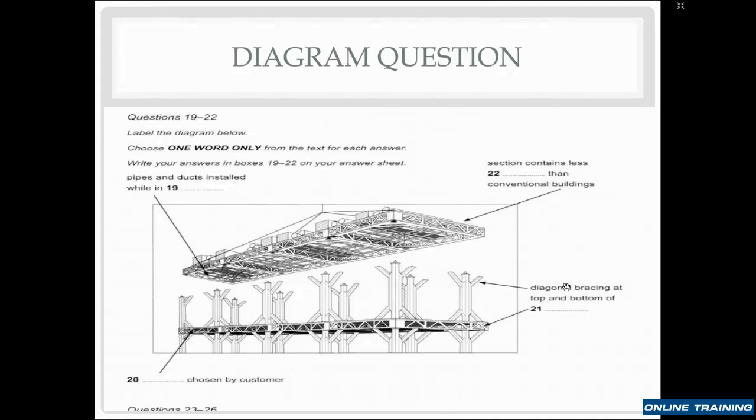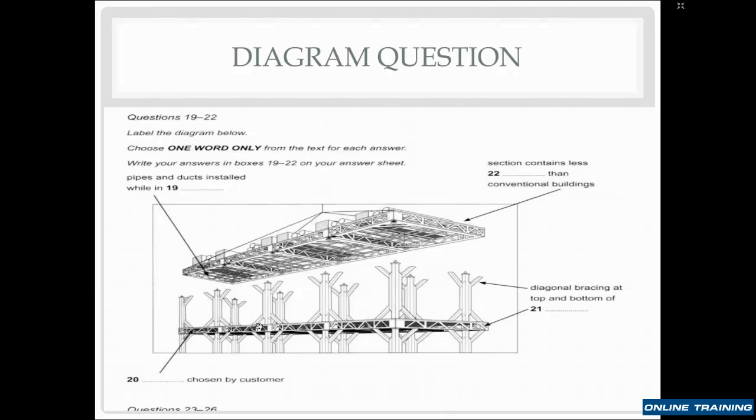Now, some of you might say, "Well, I have no idea what this diagram is. I don't have any construction background." So what? It doesn't matter if you have construction background or not. That's not what it's about. Can you go to a reading passage and find a sentence with the words pipes and ducts? Can you go find a sentence with the words diagonal bracing? Can you go find a sentence talking about something being chosen by a customer?